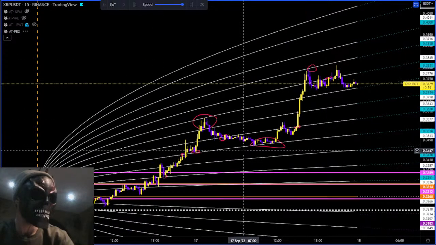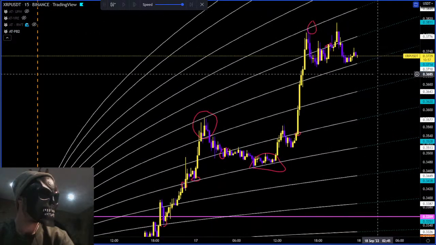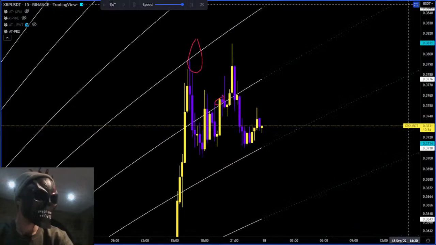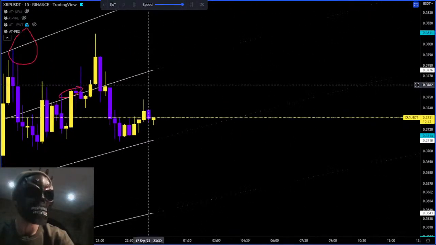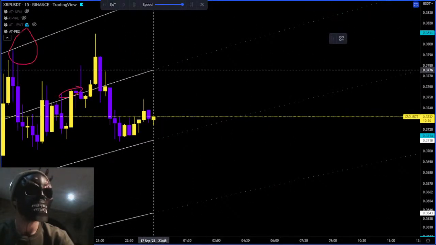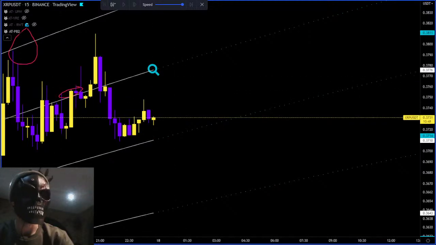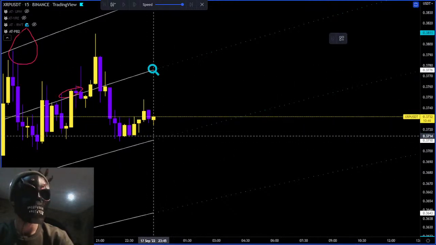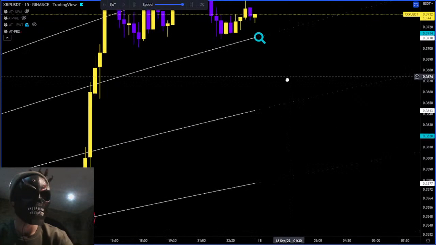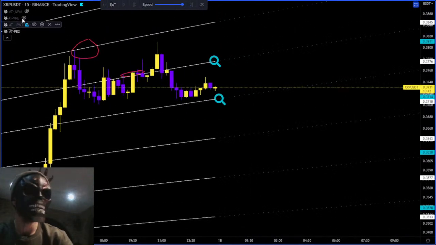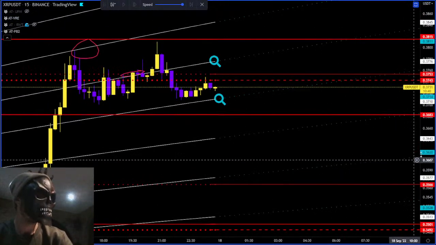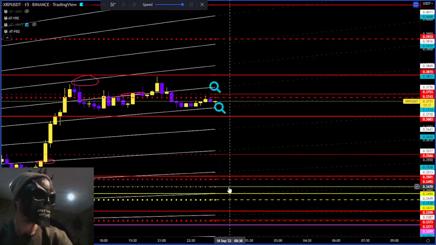Okay, cone up, still above cone. So these are your targets. Your weekend range is open and close above there, look for continuation to the upside. Open and close below here, look for continuation to the downside. Monthly VRE level, daily VRE levels down here.